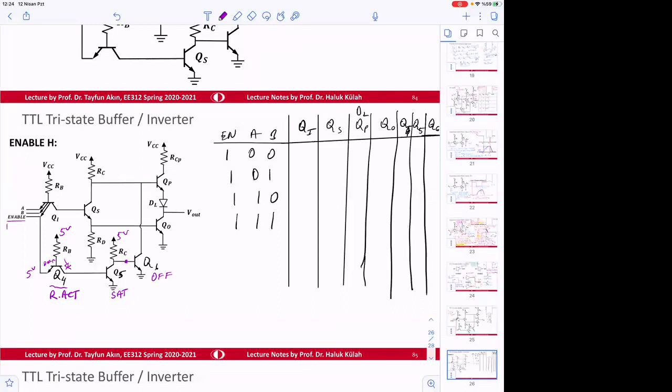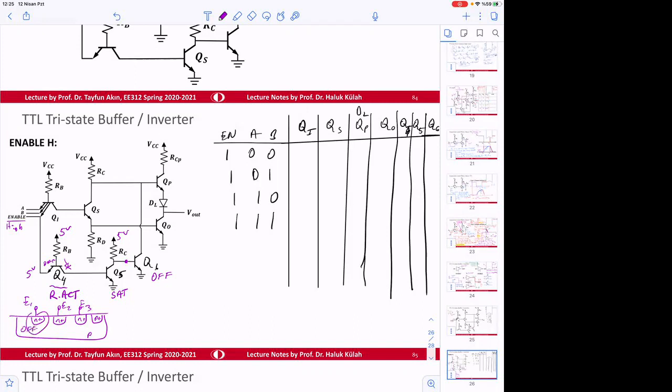Remember, enable is high, in the multi-emitter world, you know, N plus, N plus, and N plus: emitter 1, emitter 2, and emitter 3. This is P plus, and this is P. If one of them is high, this junction is reverse off.